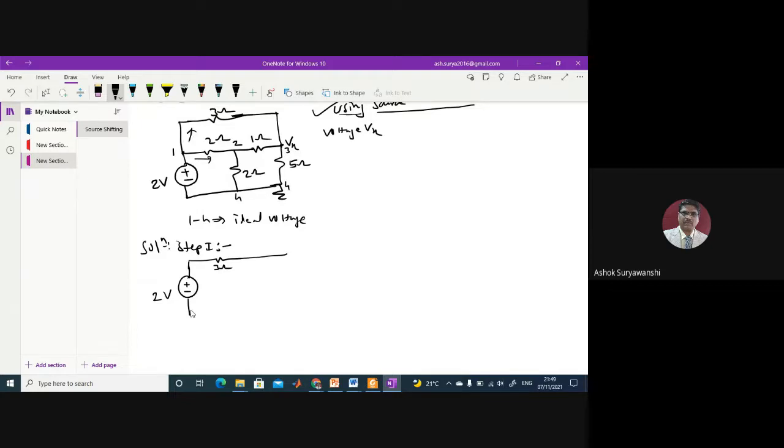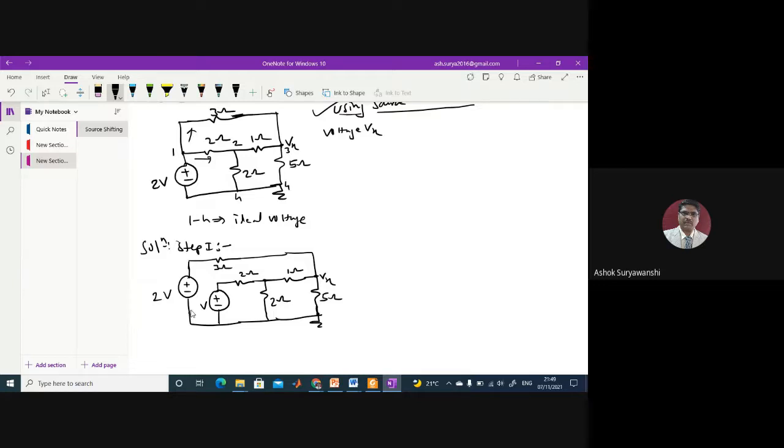Similarly, I will shift this voltage source V into the 2 ohm branch, and the remaining circuit will be as it is: 2 ohm, 1 ohm, Vx, and this is 5 ohm.